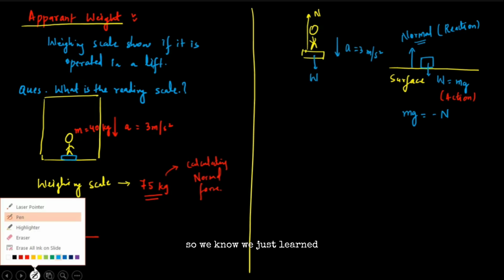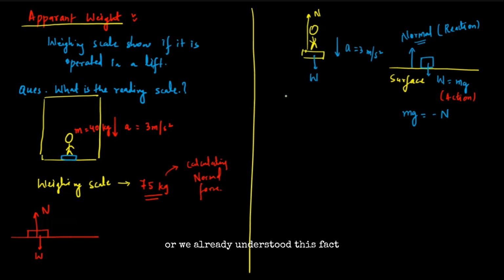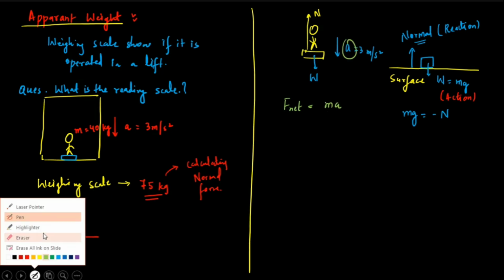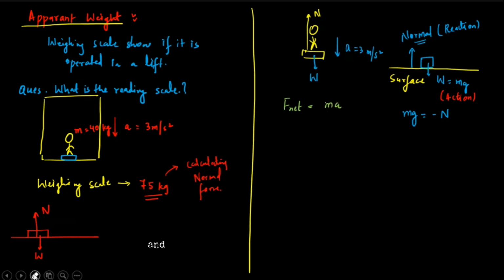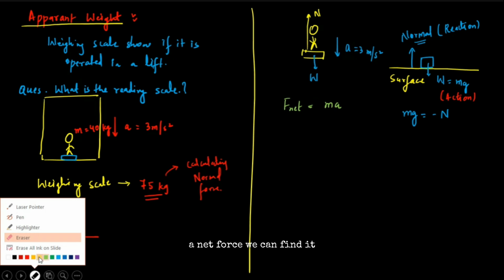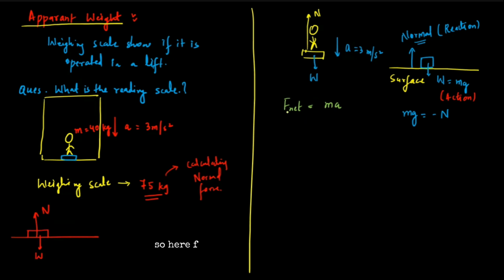We already understood this fact that the net force acting on the object is going to be m times acceleration. So we have this acceleration here, and we can use this equation. And sometimes if it is not given, we need to find the net force. So here F net, as this lift is going in the downward direction, W must be greater than normal. So W minus N is equal to mass times a.